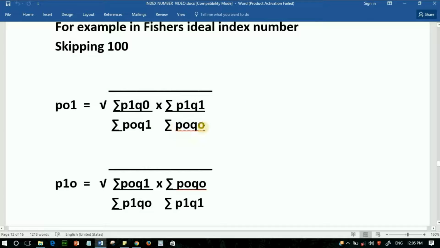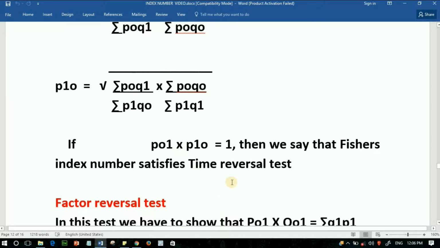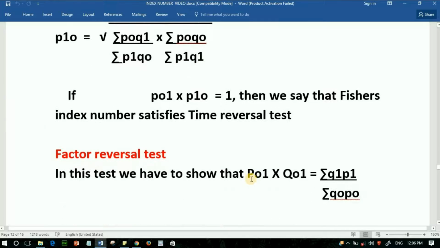In testing, there is no need of applying 100, so we are skipping 100 from the formula. For P10, interchanging 1 and 0, instead of P1 you write P0, and instead of Q0 you write Q1. Then we multiply, and if the answer is equal to 1, we say that it satisfies the time reversal test.